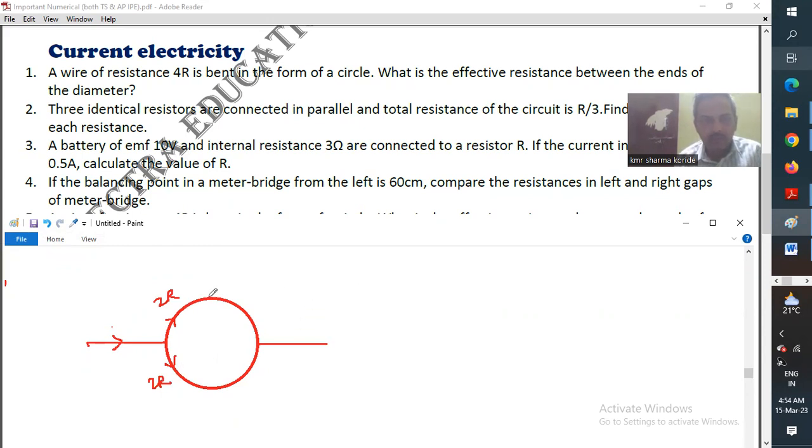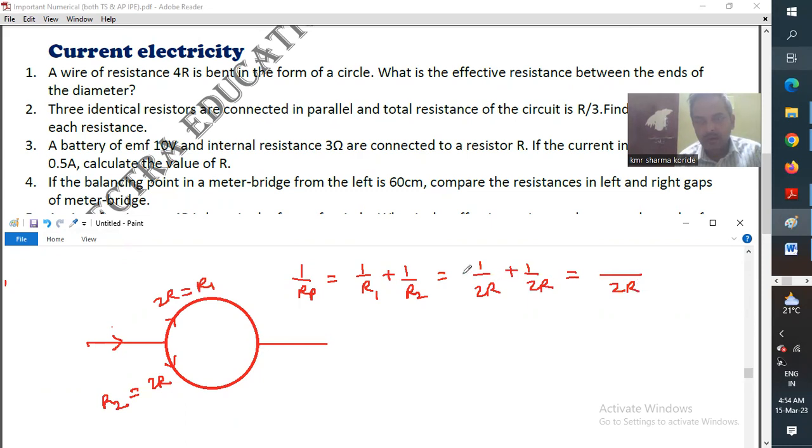So now both 2R and 2R are parallel. So get back the formula, 1 by RP is equal to 1 by R1 plus 1 by R2. You treat this as R1, this as R2. Therefore 1 by 2R plus 1 by 2R. So LCM is 2R and 1 plus 1 here. So therefore this is 2 by 2R, 2 and 2 get cancelled. So R parallel is equal to R.